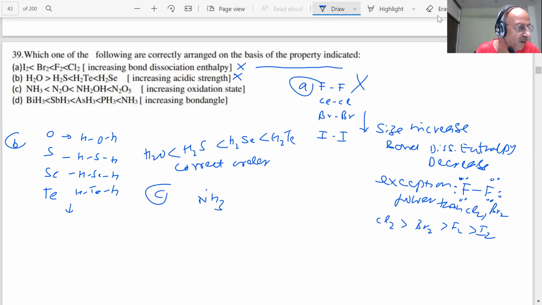NH3, student, what is the oxidation number of nitrogen? Hydrogen is +1, then nitrogen is -3. What is happening in N2O? Oxygen is -2, then nitrogen is +1.